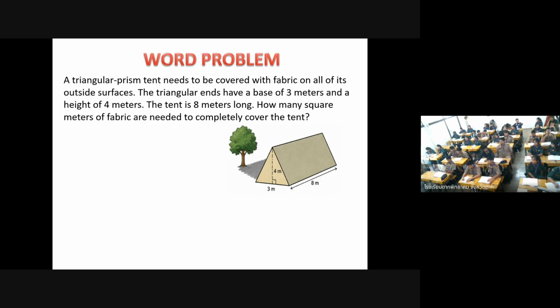Based on the given, we have a 3-meter base, and the tent is 8 meters long, and the height is 4 meters. Now, what is the value of this? Pythagorean theorem. This is not 3, this is 6, sorry. Remember the Pythagorean theorem.